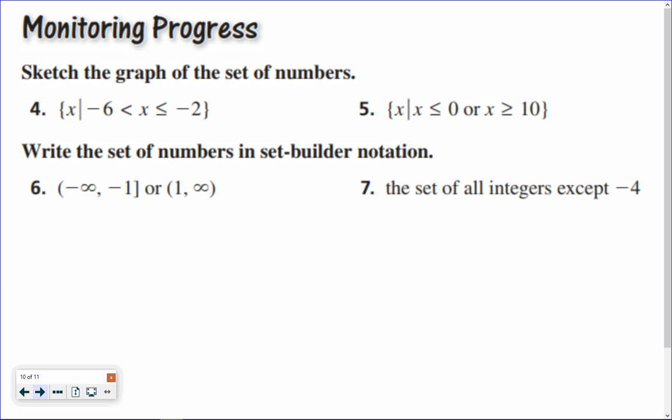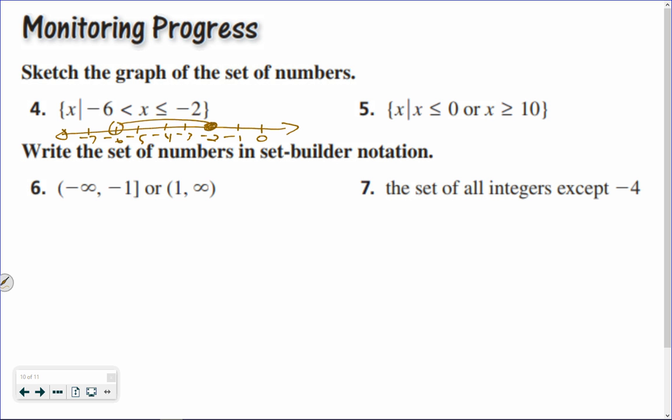Okay, what's my first one look like? Put 0 over here. Open dot there. Closed dot on -2. My graph is going where? Where should it go, guys? Going in, good.